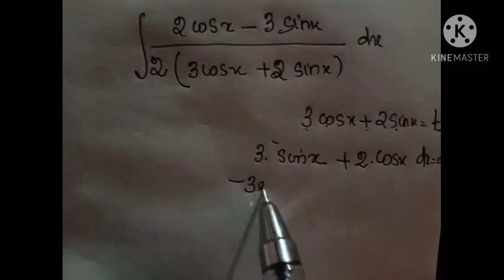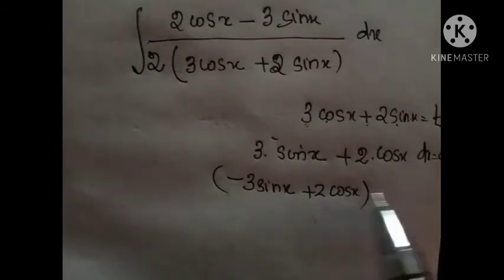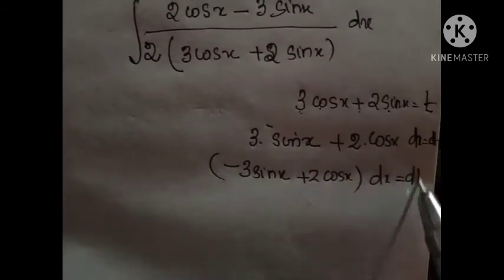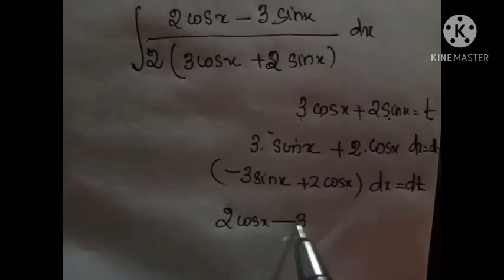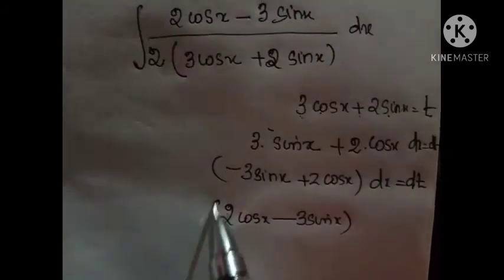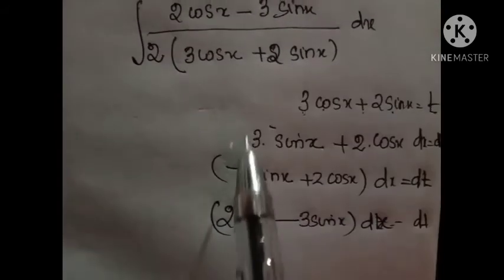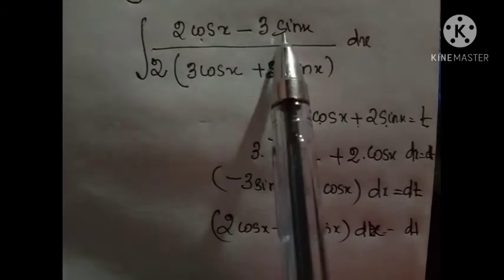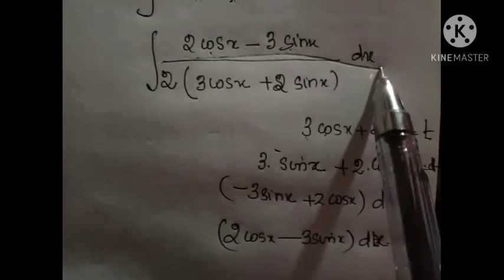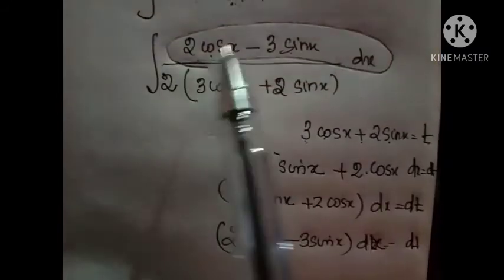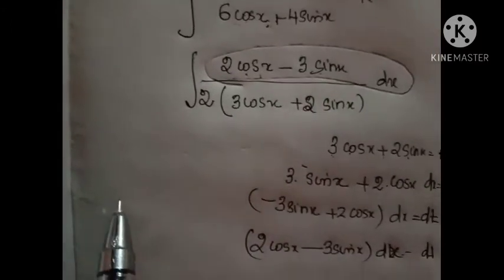That is minus 3 sin x plus 2 cos x dx equal to dt, or rearrange the terms: 2 cos x minus 3 sin x dx equal to dt. Now look at here. 2 cos x minus 3 sin x dx. So instead of this, we can write what? dt.